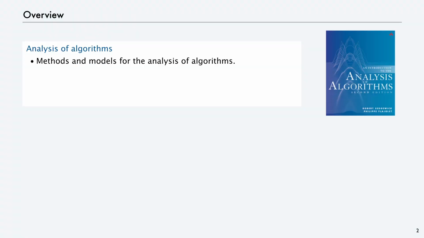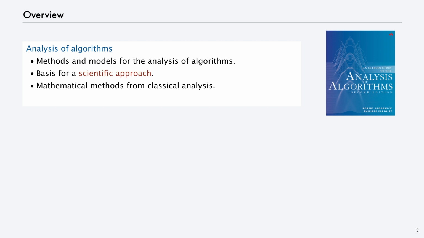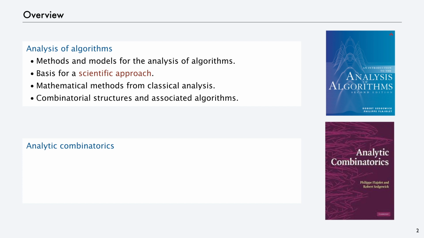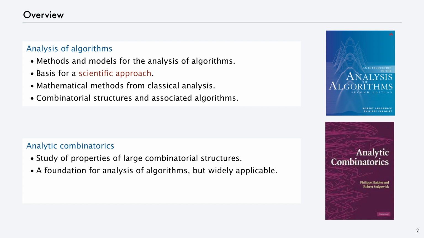So the overview of analysis of algorithms is we want to talk about methods and models for studying algorithms. It's the basics for a scientific approach, but we use mathematical methods from classical analysis to study combinatorial structures and associated algorithms. Analytic combinatorics, the more advanced topic, is the mathematical study of properties of large combinatorial structures.